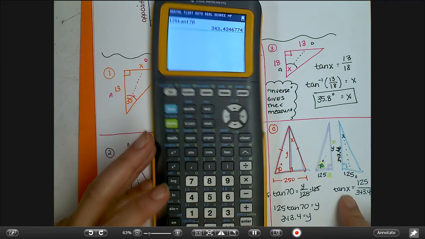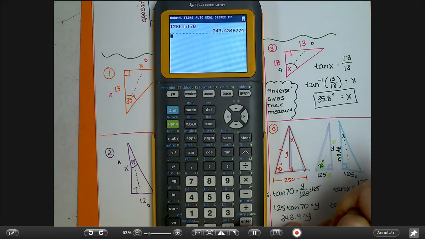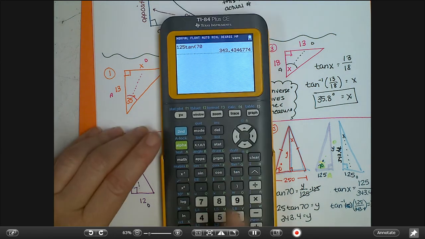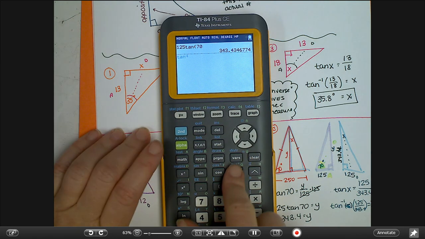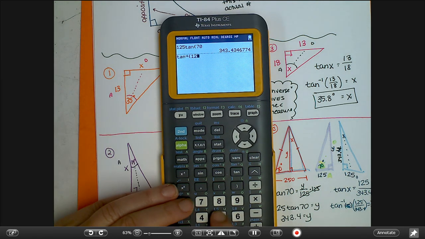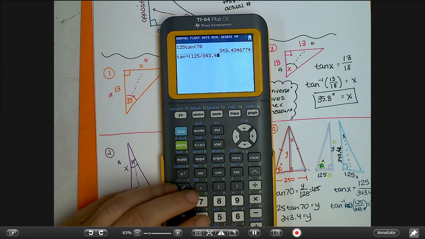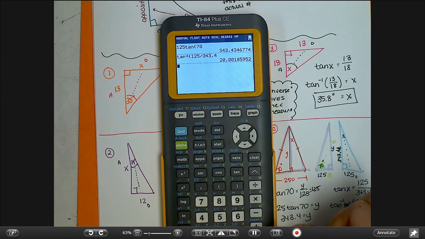In order to figure out what the angle is, we need to use the inverse tangent. And then inverse tangent in the calculator. For mine, second tangent, 125 divided by 343.4. So x equals approximately 20.